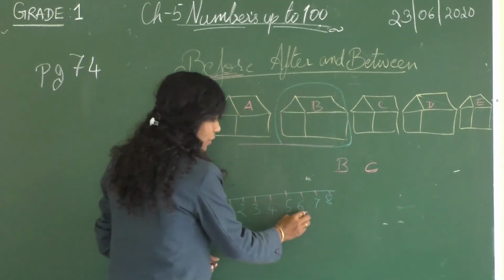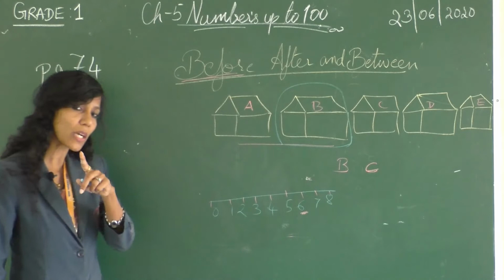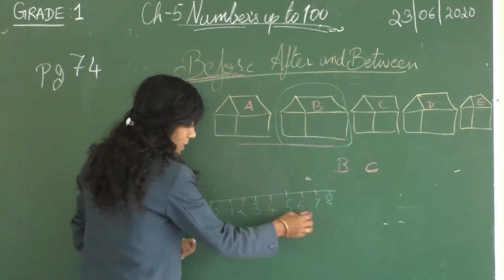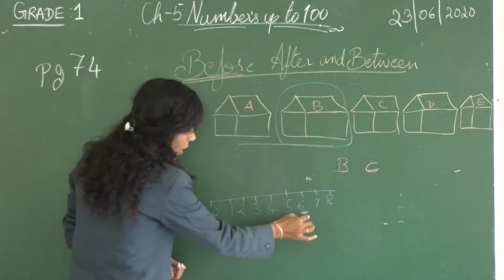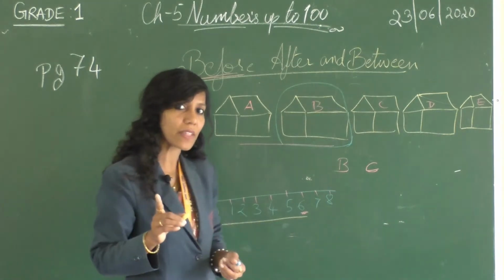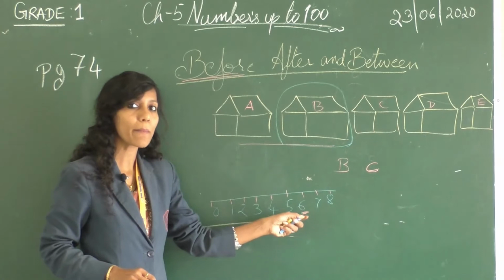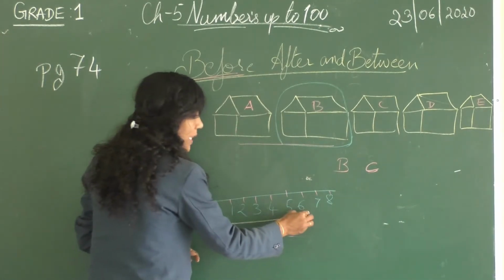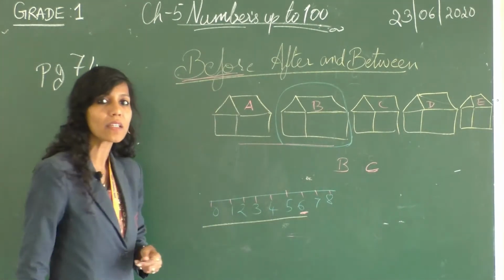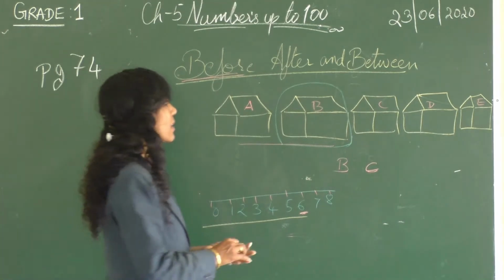Just before 7 it will be 6. But the numbers which come before 7 are all these. All these numbers come before 7. But what we want is the number which comes just before 7. So the number that comes just before 7 will be only 6.